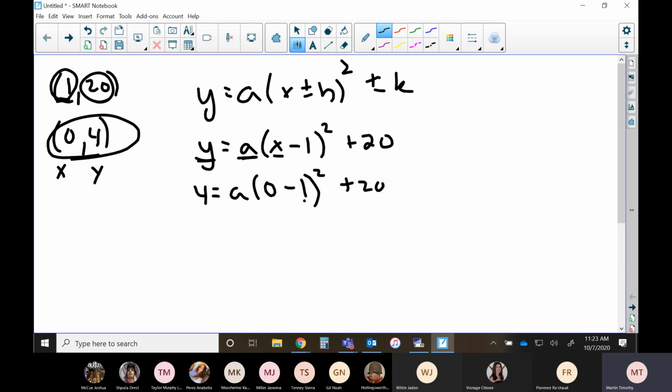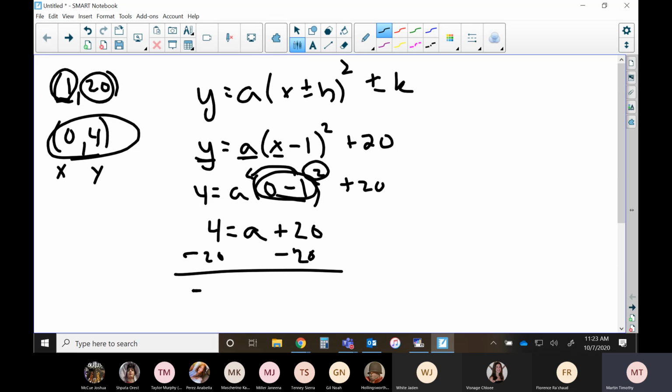So if I do 0 minus 1 is negative 1, squared is 1. 1 times a is a, and I kind of had to stop there because I can't add a to 20, right? So to get this by itself, I subtract 20, and I get negative 16 equals a.